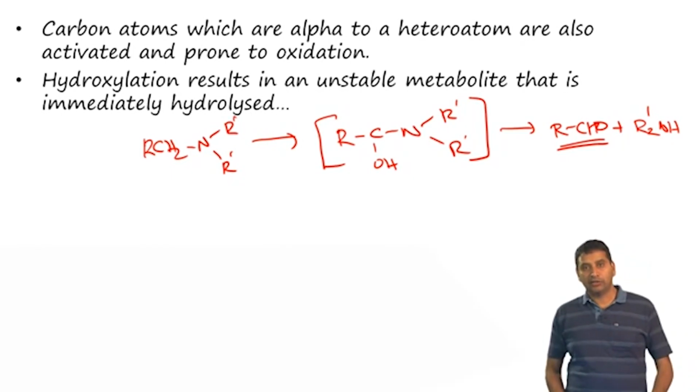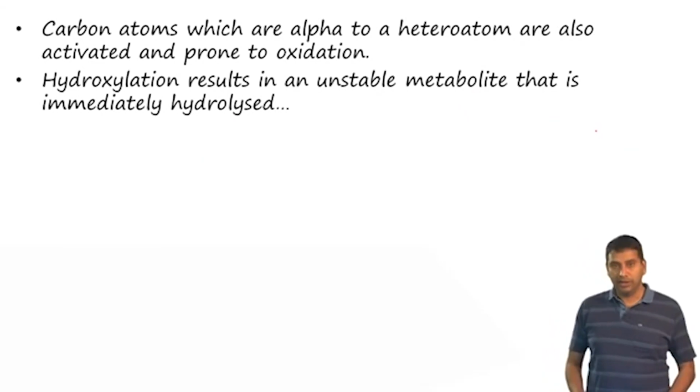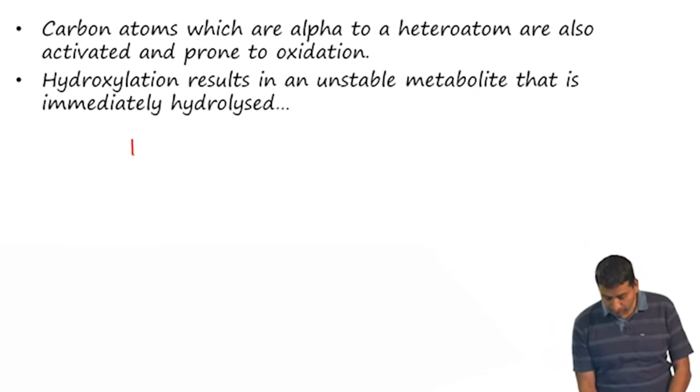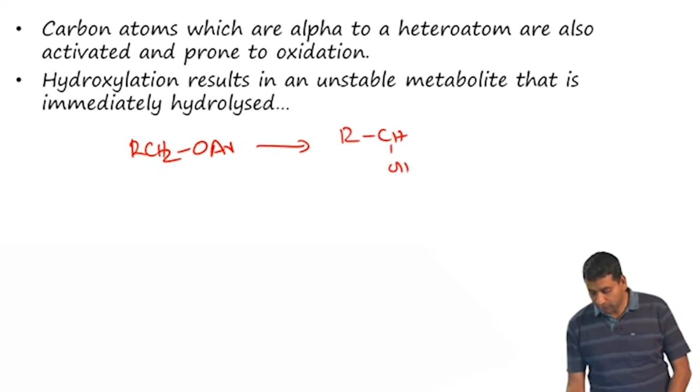Now, you can actually extrapolate this to other heteroatoms as well, and you can look at, for example, an ether. So, you have R CH2 O AR, which can undergo oxidation to give you R CH OH OR, and now this is quite unstable.